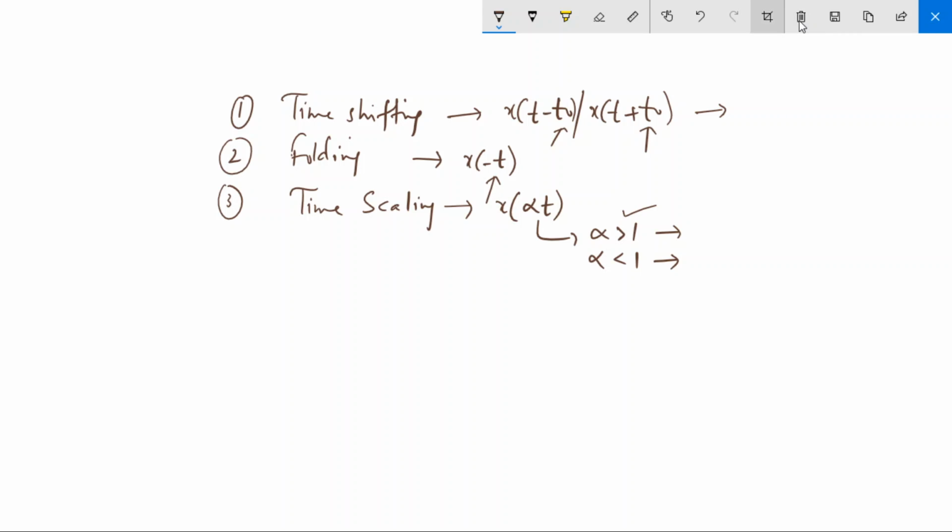Now we will see what happens if you apply these operations on a signal in which more than one operation is involved simultaneously. Okay, so how can we do that? Let us suppose I take an example.